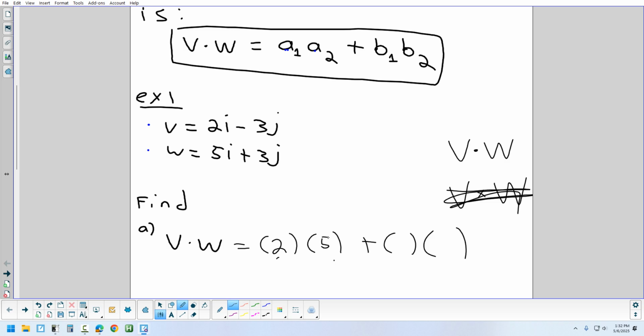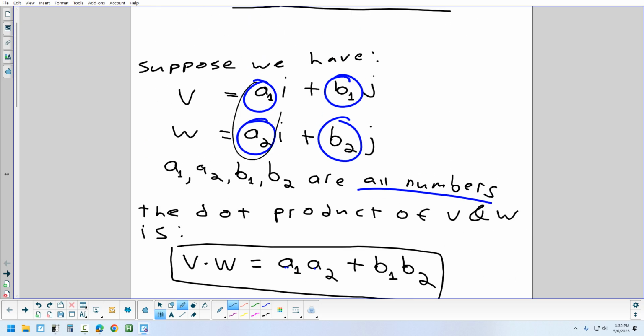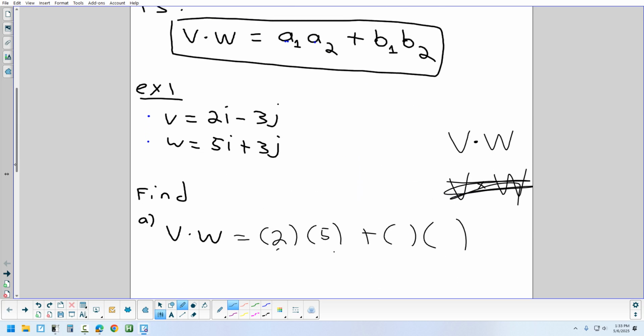Remember, the A1 and the A2 are the 2 numbers that are in front of the I. The B1 and B2, those are in front of J. So we've got the 2 and the 5, and then negative 3 and 3.